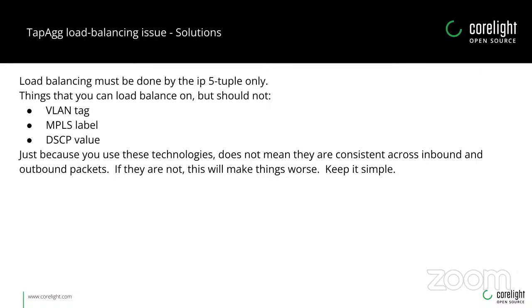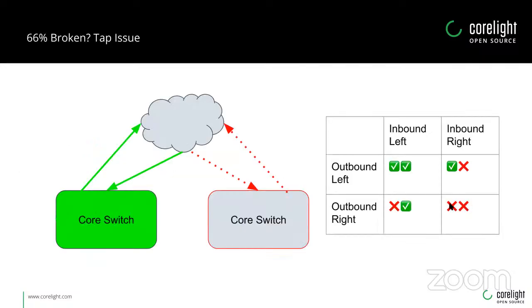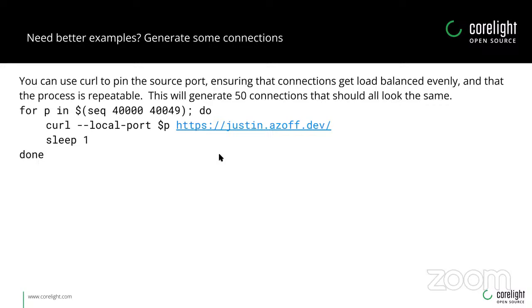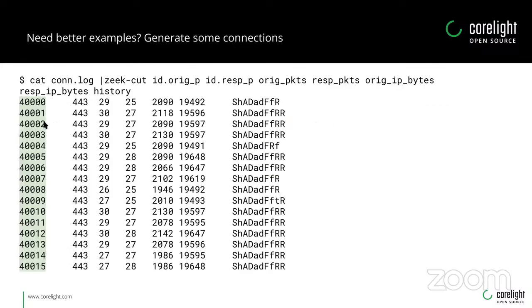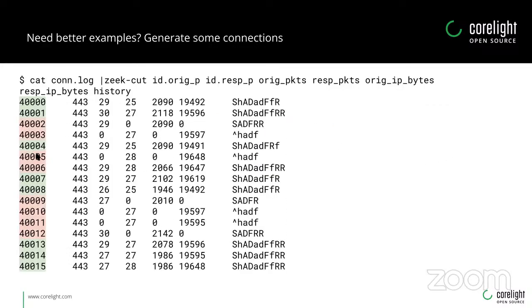And I think that's my last slide. There's one other thing I wanted to mention. I didn't have a slide for it. Over here, when I mentioned that there's a quarter of the connections missing, one way to understand this is if you generate connections, if you do this, you will actually be able to see the missing connections because you're expecting sequentially numbered connections.